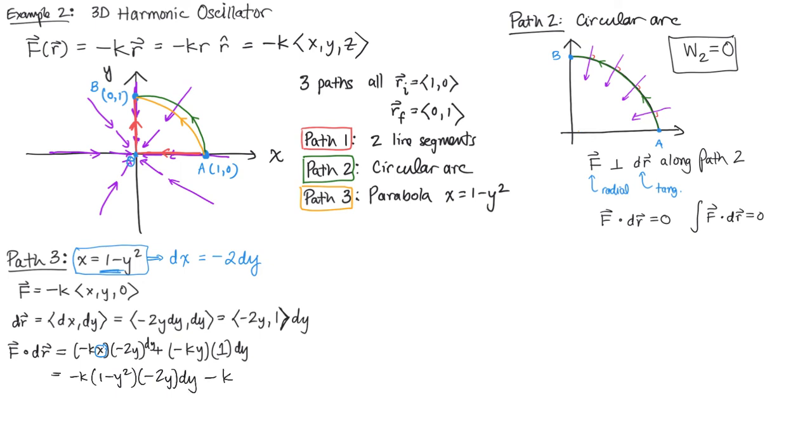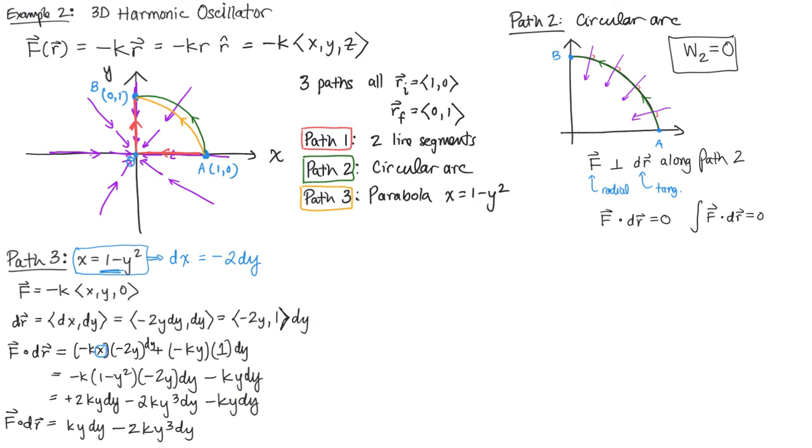And then the second term is minus ky dy. Okay, so we can expand all of this out. We get plus 2ky dy minus 2ky cubed dy minus ky dy. Which gives us, at the end of the day, ky dy minus 2ky cubed dy. That is the dot product of f and dr.